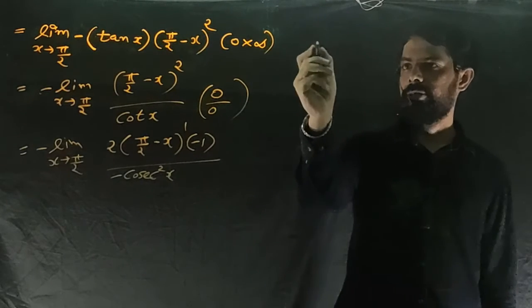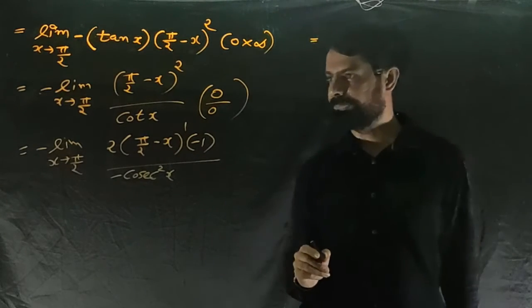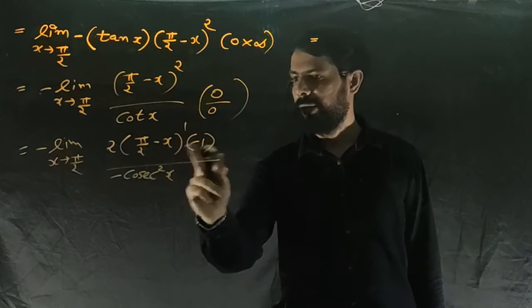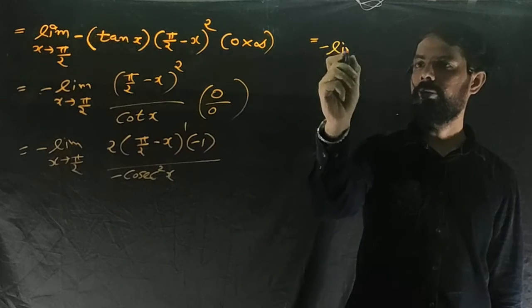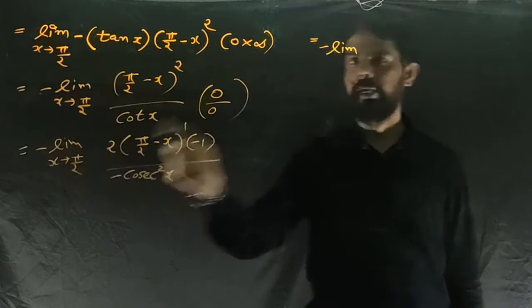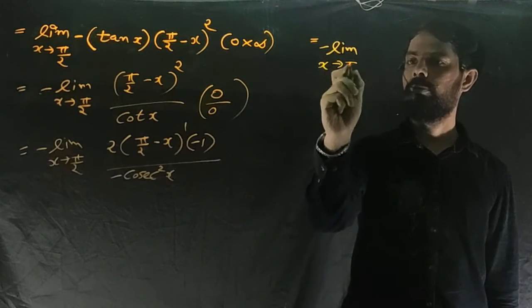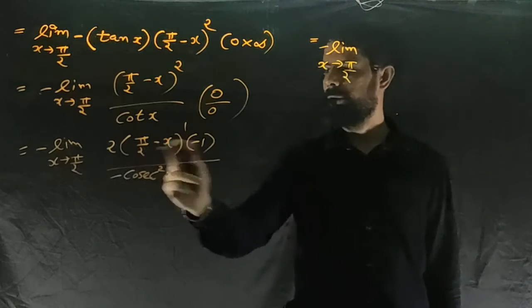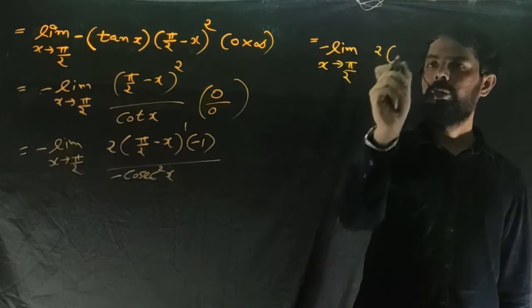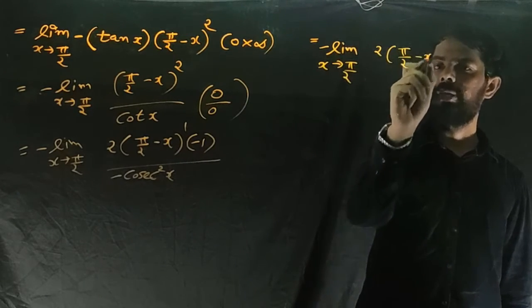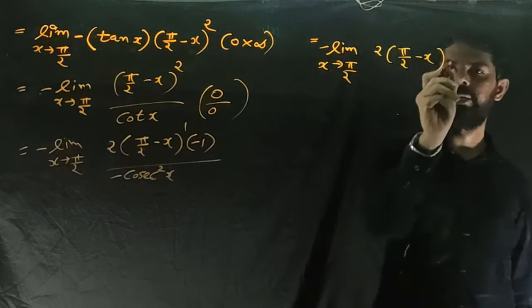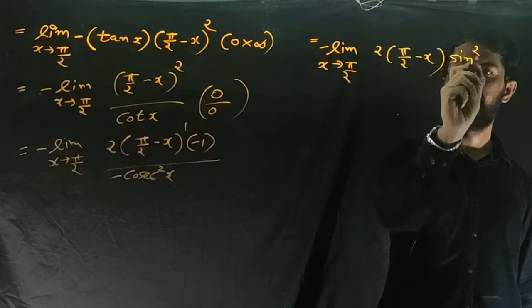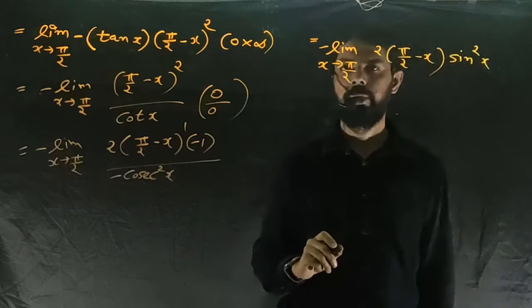Now if we simplify this result, the minus will cancel out. So here it will be minus limit x tends to pi by 2 of 2 into (pi by 2 minus x), and 1 divided by cosec square x can be written as sin square x. Okay.